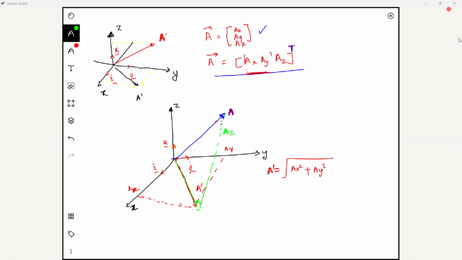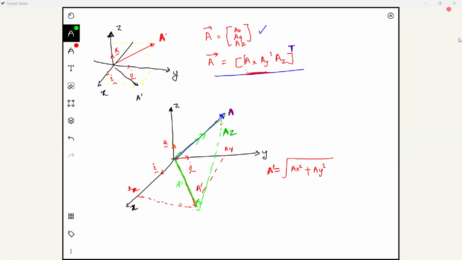So if that is 90 degrees, then we know that this component is z, right? Because this is 90. So again, to find the modulus or the magnitude of this vector, what do we have? This is A dash and this is az.